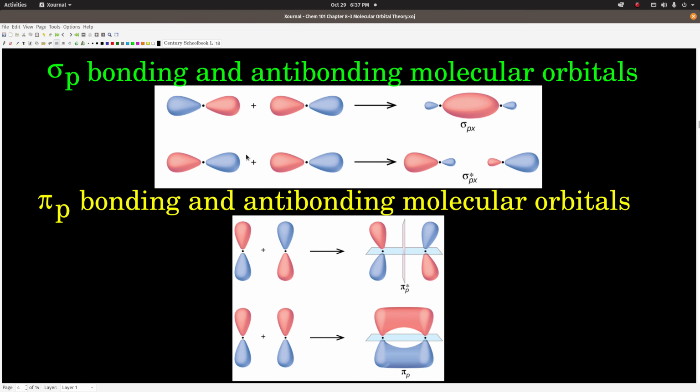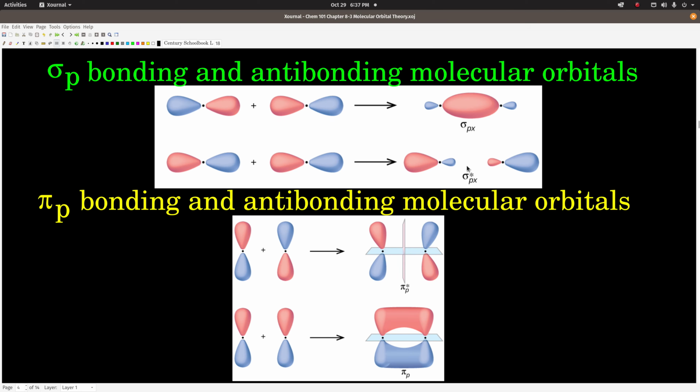If they combine destructively, then they have destructive interference, and they look something like this. Then this is an energy here. This is kind of backwards, but these are higher in energy than when they combine constructively, and you get a bonding molecular orbital, a sigma p bonding orbital, and this sigma p anti-bonding orbital. Again, the asterisk means anti-bonding.